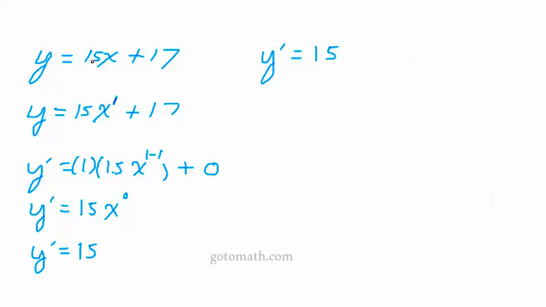So anytime you see something like this, for example y is equal to ax plus b, you know that y prime is going to be equal to a every time, where a and b are real numbers. Okay, so this is the power rule, and we'll be seeing lots of this coming up.